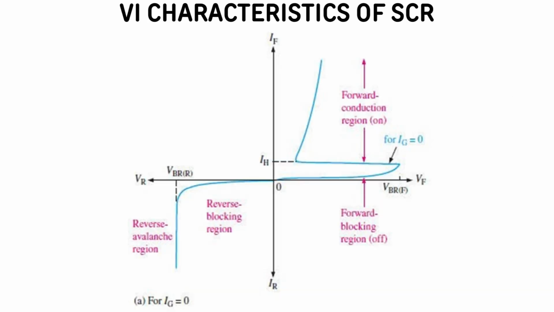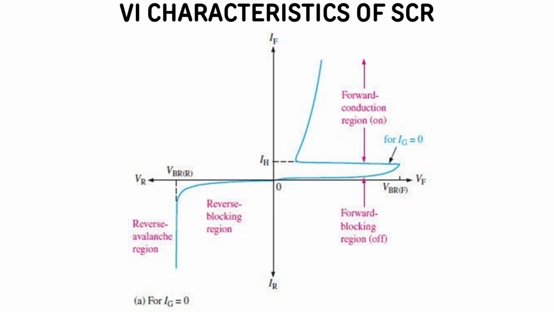VI characteristics of the SCR for zero gate current, where there is no gate voltage. There are three states: forward conduction mode, forward blocking region, and reverse blocking region.